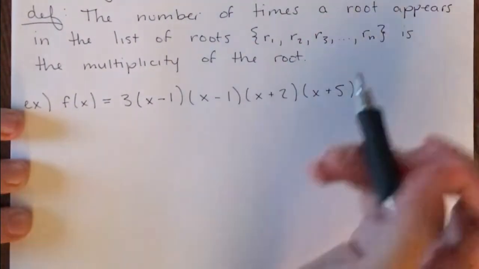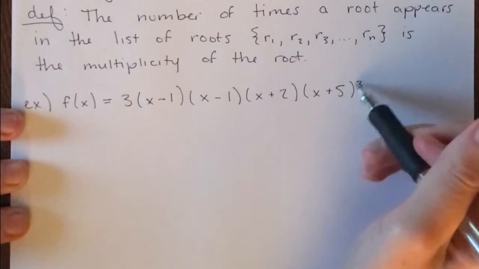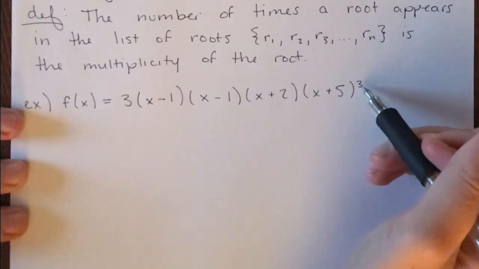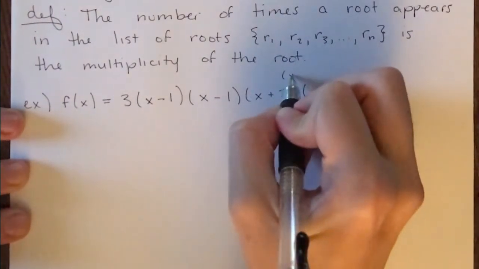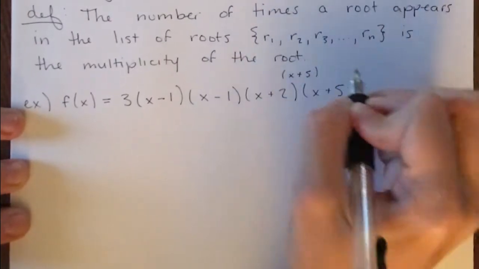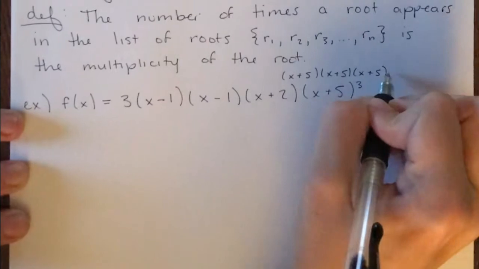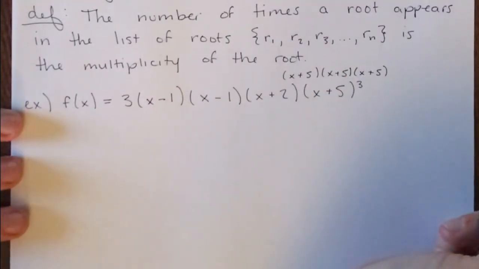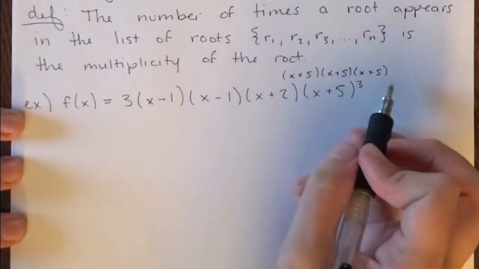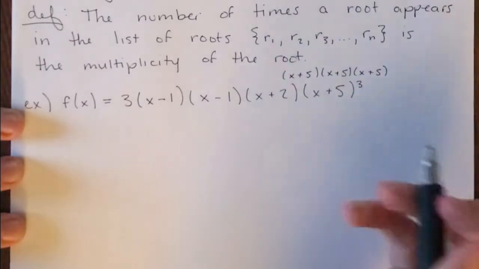Well, the only thing that looks different from what we've seen so far is this guy. But that's okay, right? Because that is short for x plus 5 times x plus 5 times x plus 5. So this is still in root form, just a little bit condensed, which is totally fine.